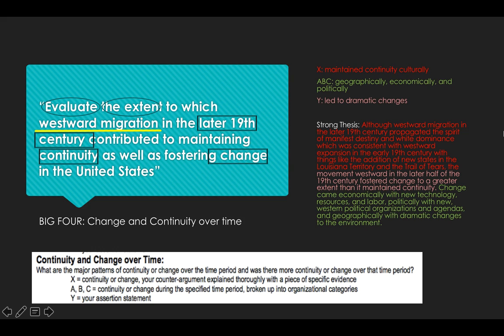So you see here in red, what I've done is I've stated, yes, we do see that there are elements that culturally have stayed the same. However, if I'm looking at the extent to which this maintained continuity or change, my argument is really, look, it fostered more change. It had a lot more change.